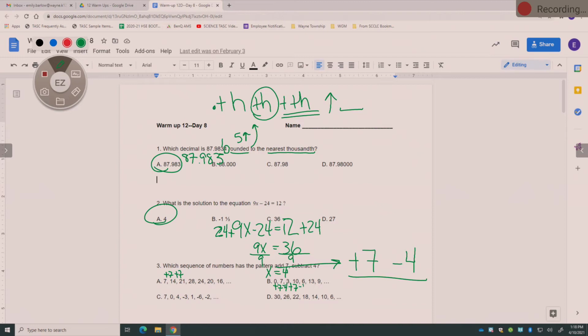10 to 6, I'm subtracting 4. 6 to 13, I'm adding 7. 13 to 9, I'm subtracting 4. So there it is, right there. So it's just a matter of figuring out what my sequence is and then trying out my numbers to see where it matches. Okay, so that is 1, 2, and 3.